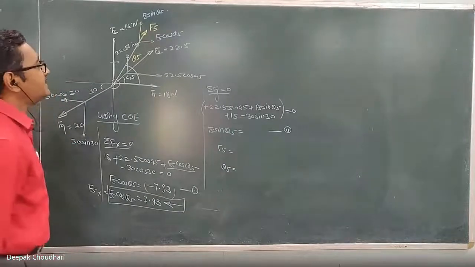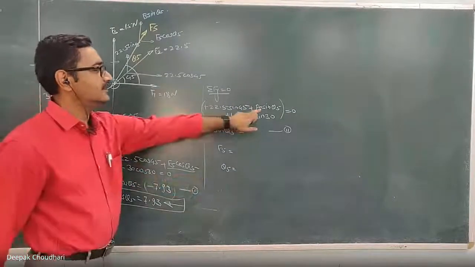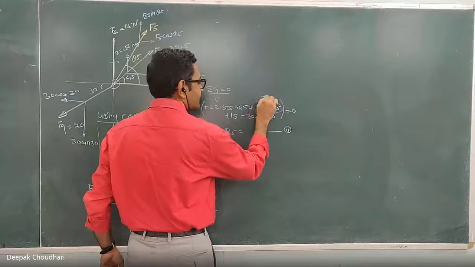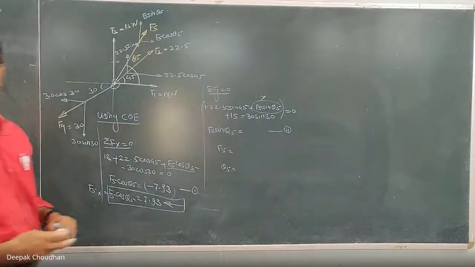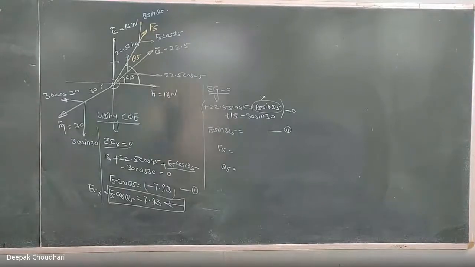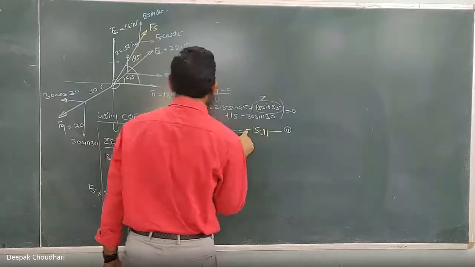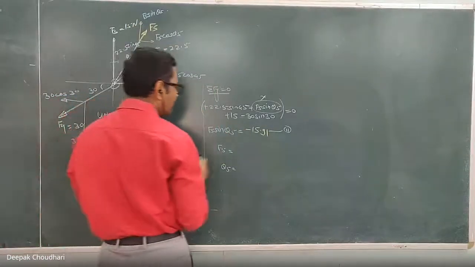Okay, and how much is the F5 sin theta 5? Now your calculation should be quick. Consider this as x, use the solve function, and in the next step you will get your answer without mistake. Directly use F5 sin theta 5 as x, use the solve function. No need to show the number of stages for calculation. Tell me how much is F5 sin theta 5? Minus 15.91. Again here also this negative sign indicates that the y component of that fifth force is not upward, it is downward.